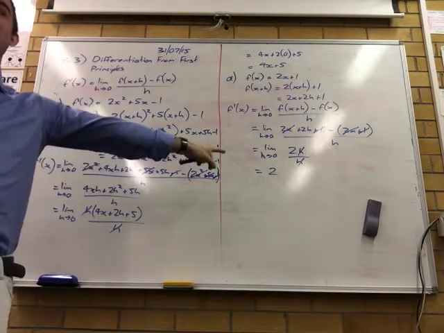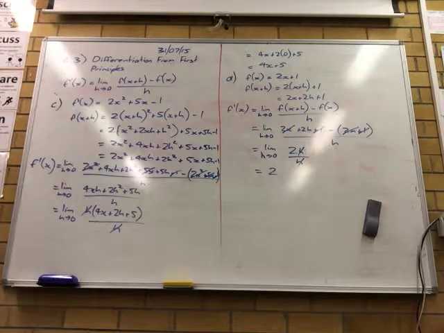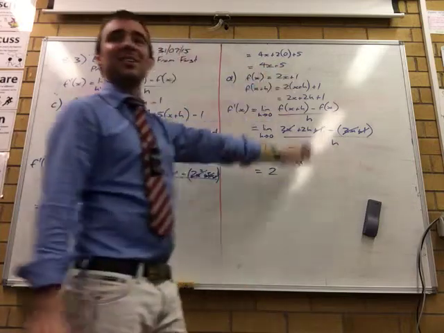Alright, so what does this tell you? What does this 2 tell you? That's just 2. The gradient of the tangent is 2, yeah. Now, before we had variables including x here, didn't we? This one doesn't.